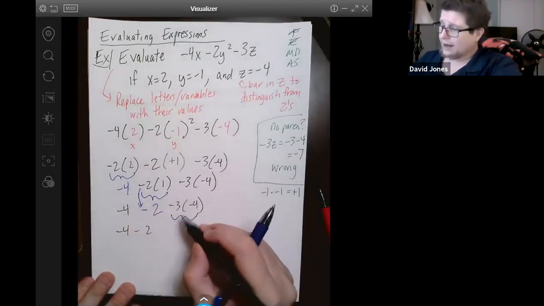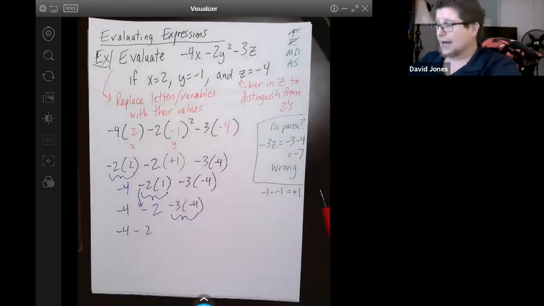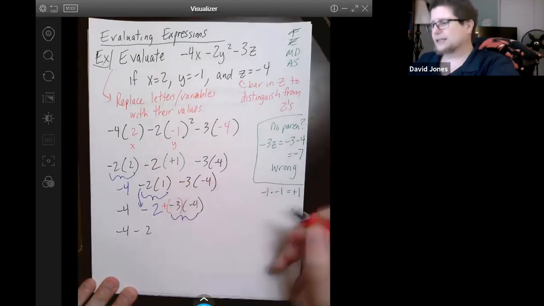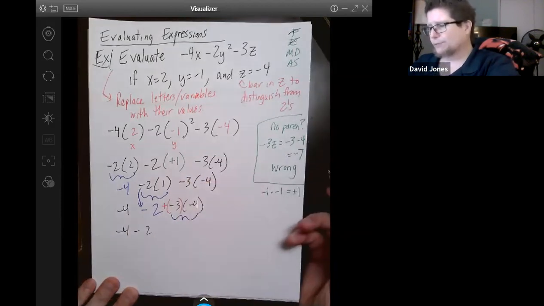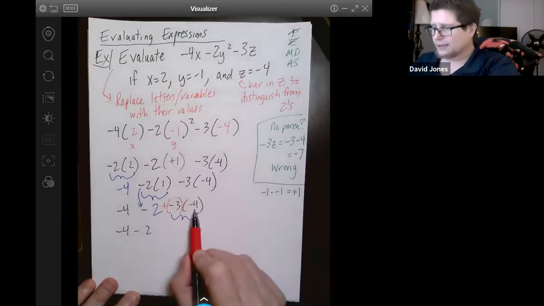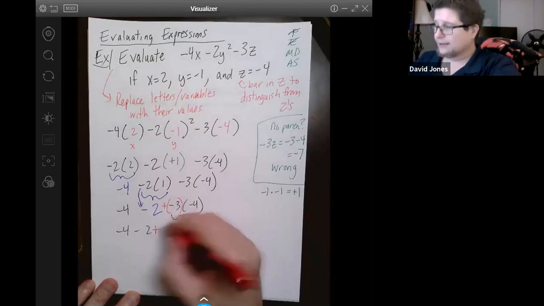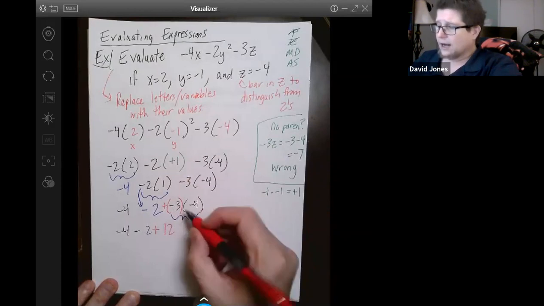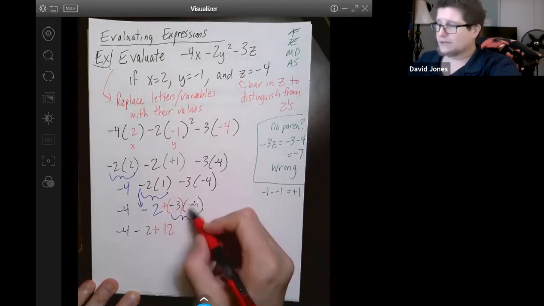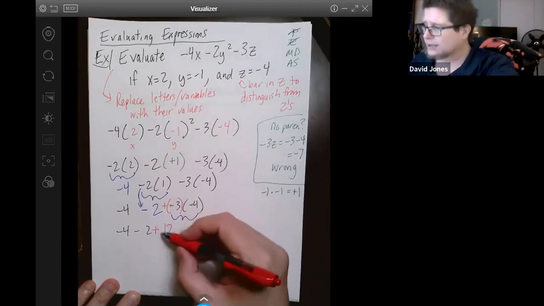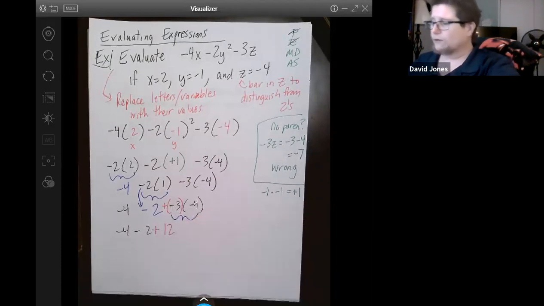And then remember, I could treat this as plus parentheses and put that in parentheses. -3 is the same thing as plus -3. Here, I multiplied these two parentheses and I've got the plus there. 3 times 4 is 12. 1 negative, 2 negatives follows the even rule. Even was positive, and I don't need to write plus twice, so it's +12.